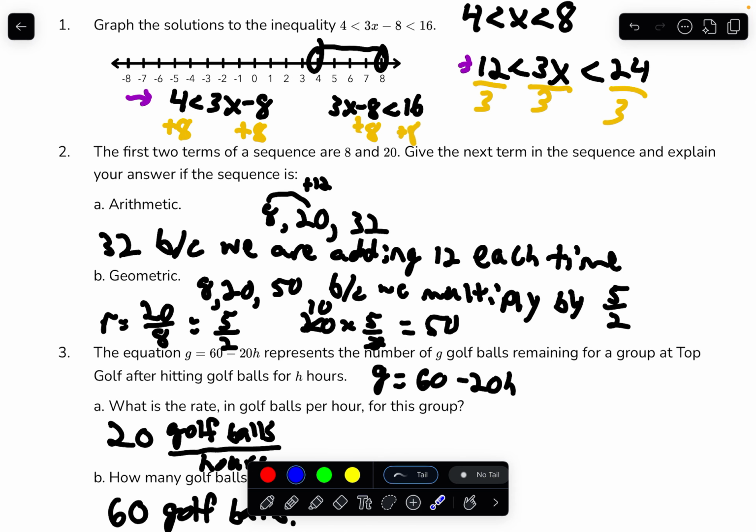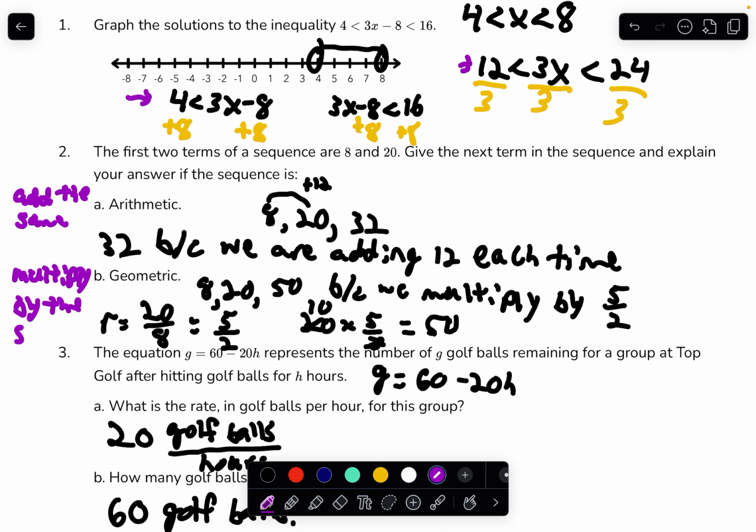Arithmetic sequences mean you add the same thing each time. So arithmetic is add the same thing. Geometric is multiply by the same thing each time. Okay? So we have 8 and 20.